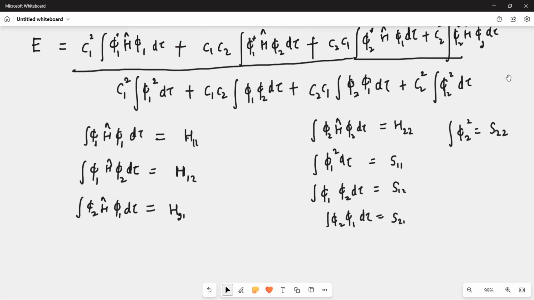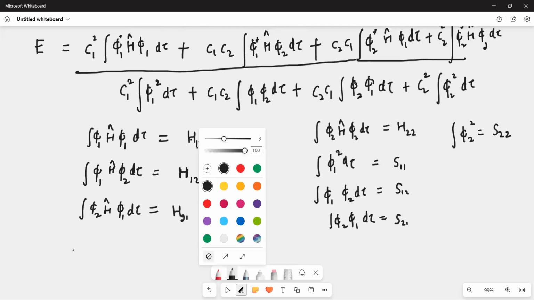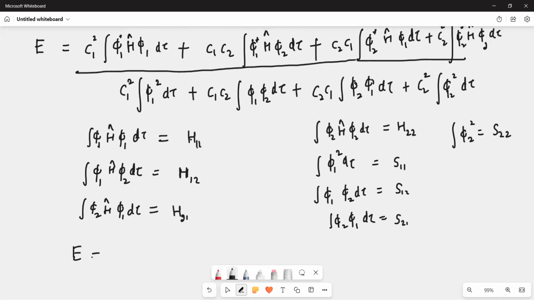So now energy can be written as, just wait a second. Okay, so here energy can be written as C1 square. First integral is named H11, plus C1 C2. It is named H12, plus C2 C1. It is named H21, and the last one is H22.